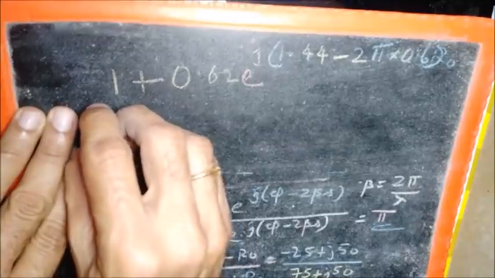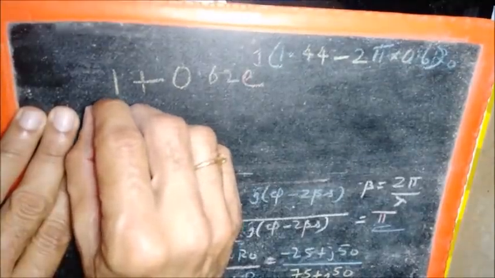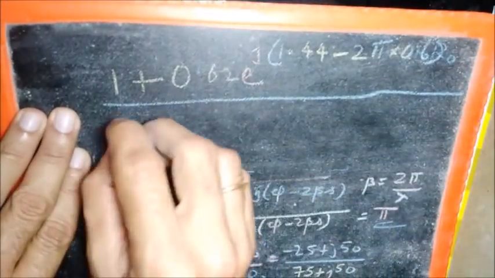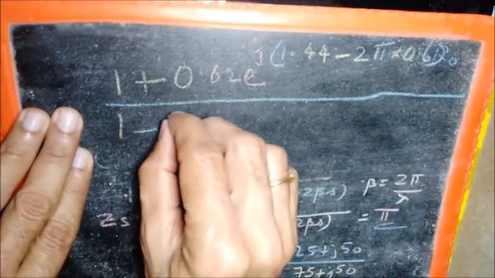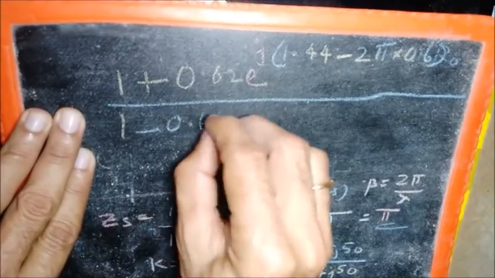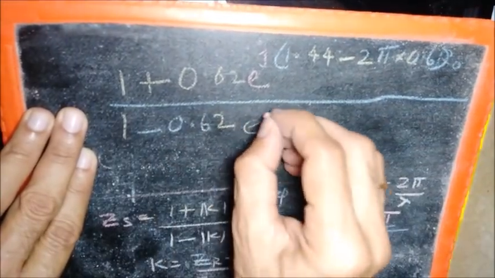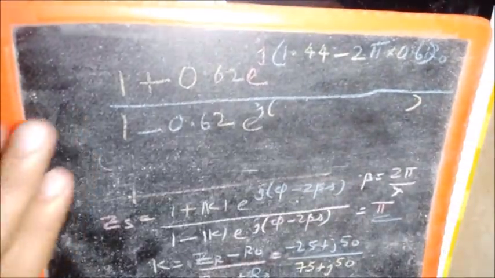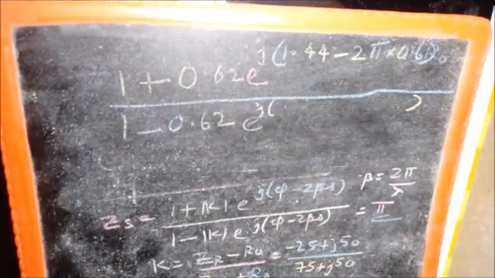That is what is going to be in the numerator, and in the denominator you will have the same thing except for a change in the numerical sign: 1 minus 0.62 e raised to j, the same thing. I will not write it down, you'll get the same thing here.